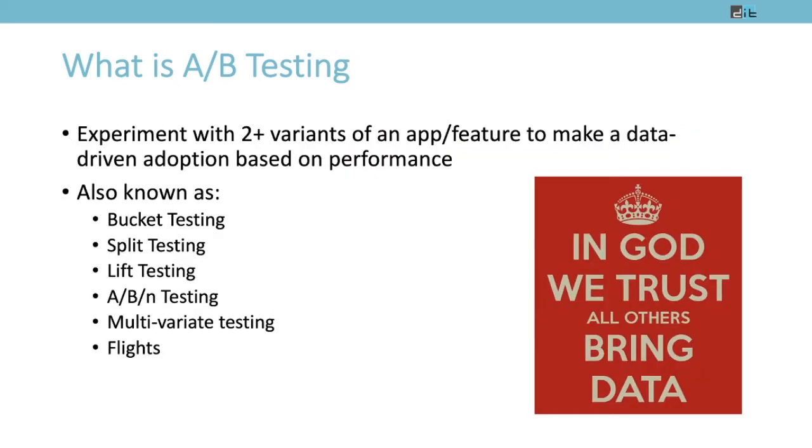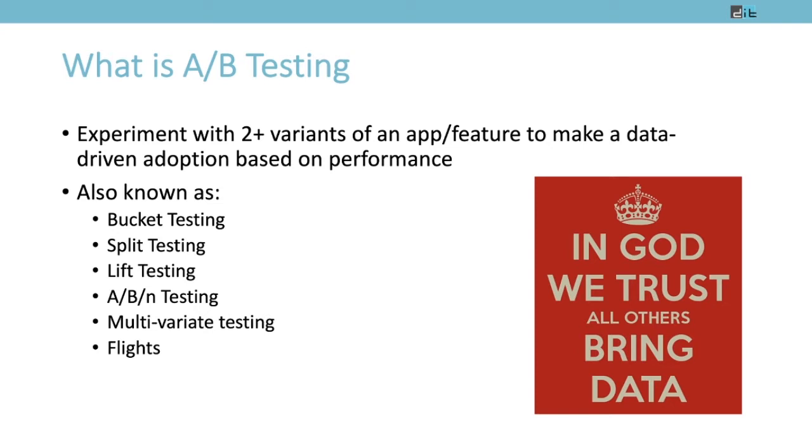So what is then a more formal definition of A/B testing? It is essentially the experimentation with two or more variants of an app or a feature so that we can collect enough data to check exactly which of the variants is best.